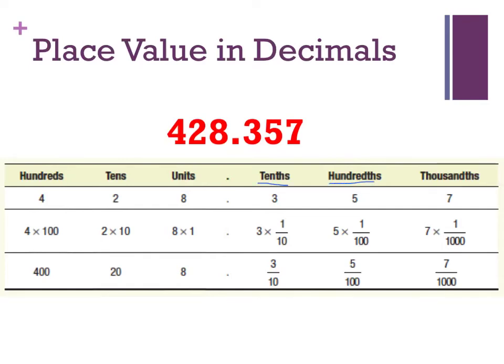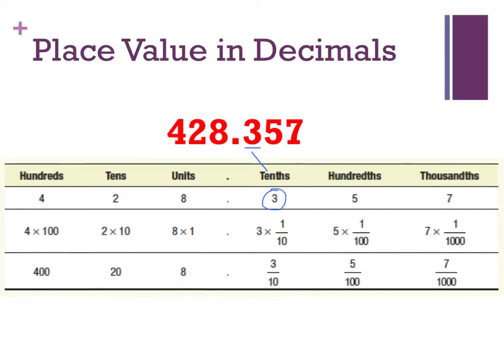Tenths, hundredths, thousandths, and we keep on going, ten thousandths, but we're not going to worry about that for the moment. Okay? These are the ways I can represent the 3. The 3 is in a place value I like to call my tenths place value. So the 3 is in the tenths place value.